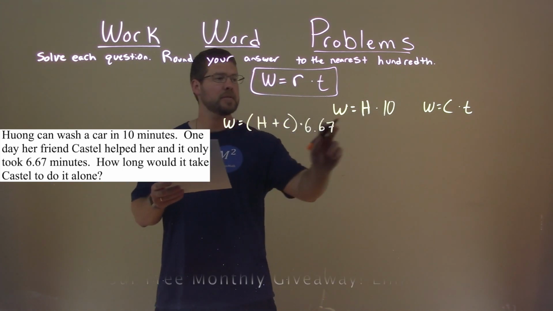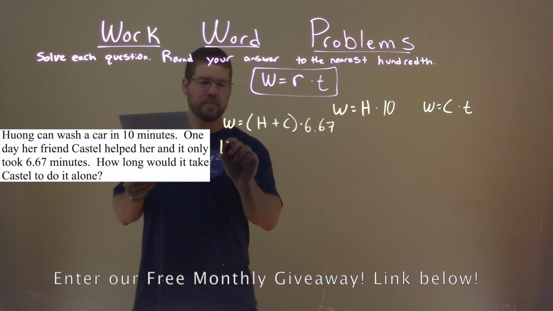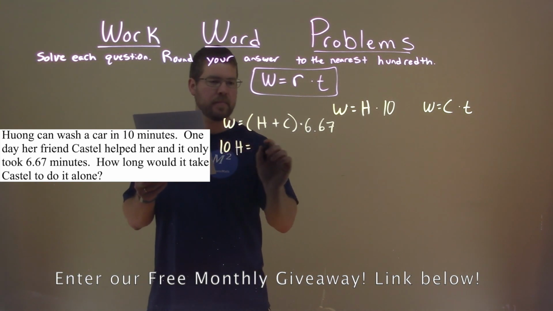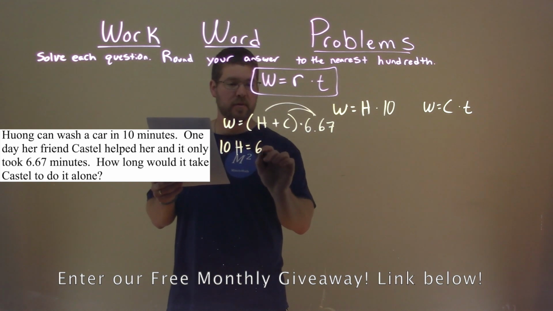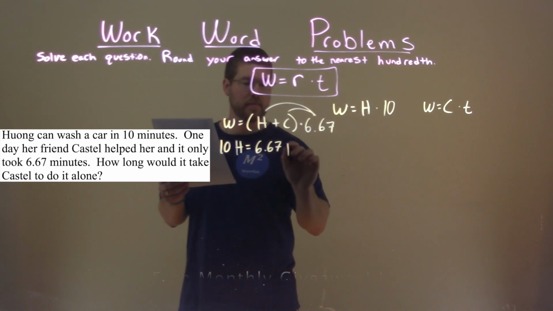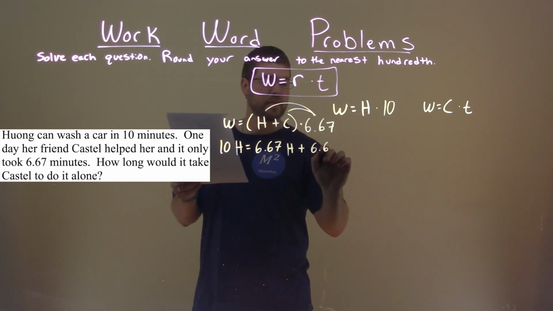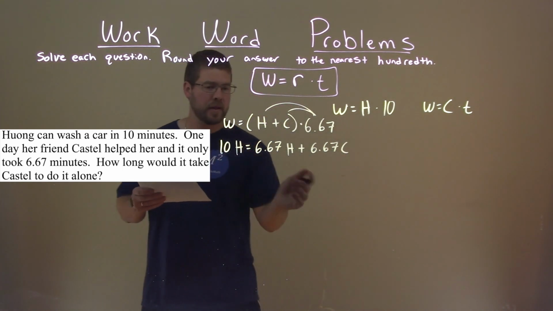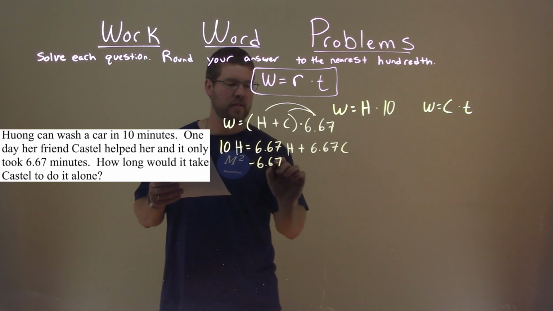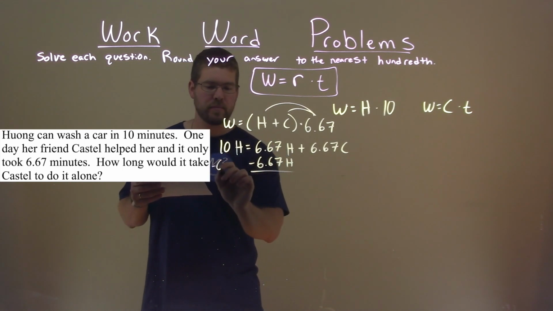So let's replace what we know. We know W is equal to H times 10, or 10 times H. We can distribute the 6.67 to both parts. So we have 6.67 H plus 6.67 C. Now I'm going to combine my like terms, subtract the 6.67 H to both sides.